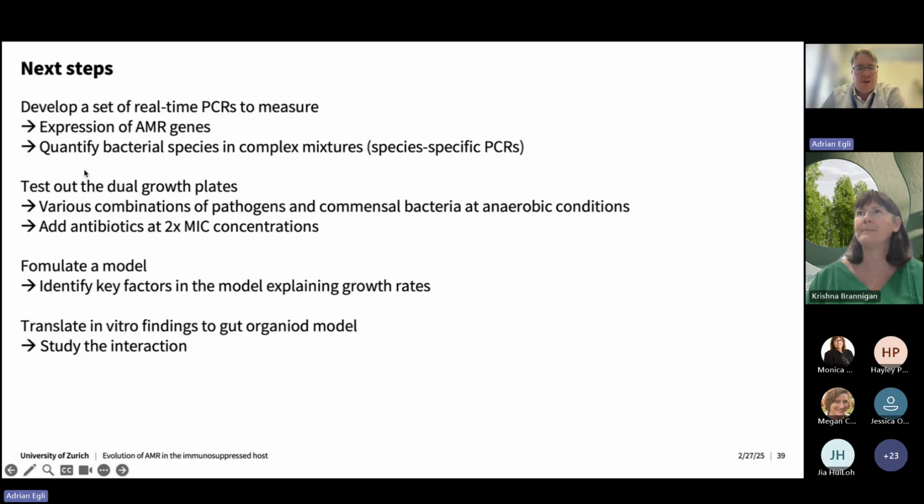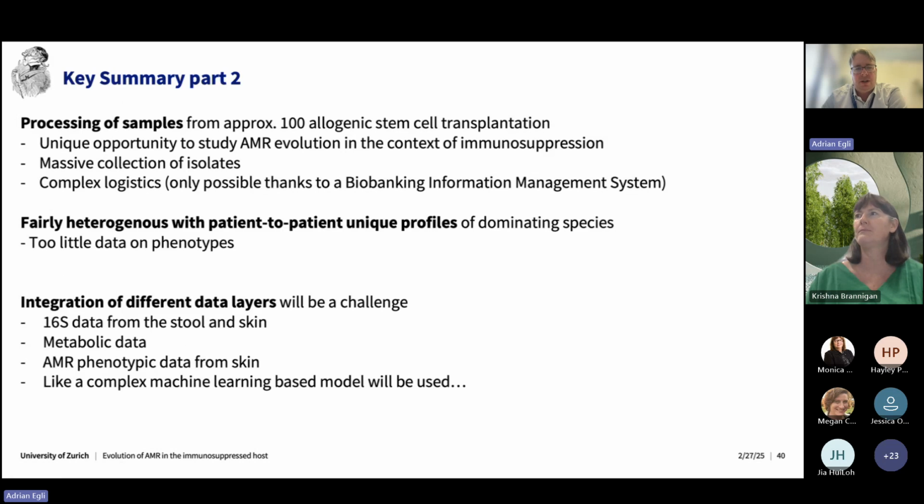So here the steps would be to study these interactions in more detail. For the interest of time, I will not go too much into the details. So I think in step 2, I've shown you that we are processing samples of a very large study. We have a unique opportunity to study the AMR evolution in the context of immunosuppression.